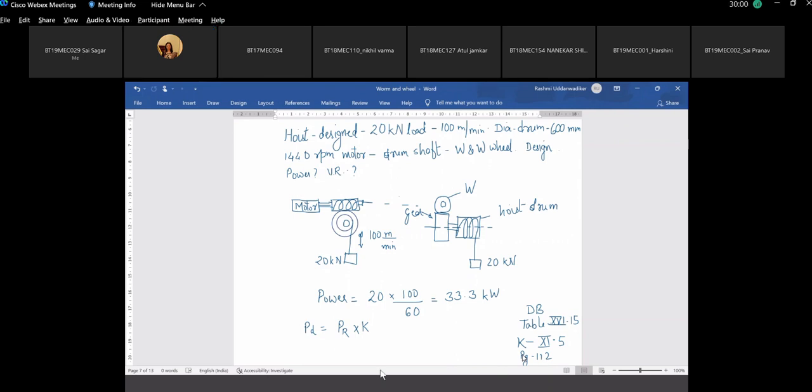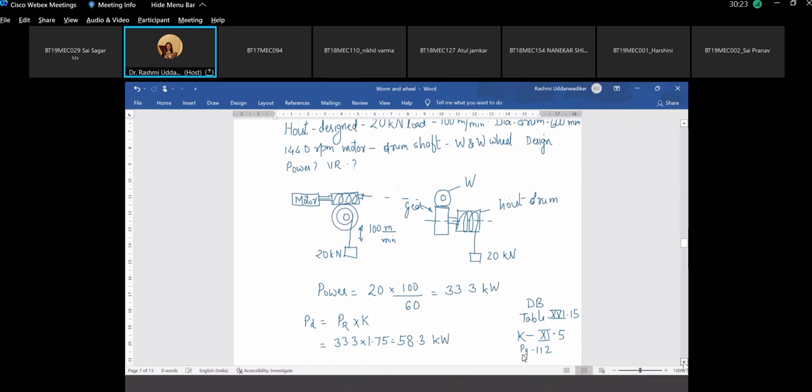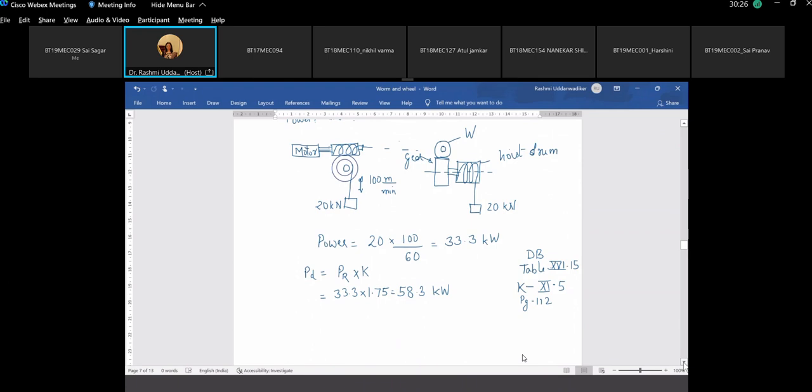So what is the design power? Design power is 58.3. So what would be the next standard available motor? Next standard available motor, we pick up 60 kilowatt motor.